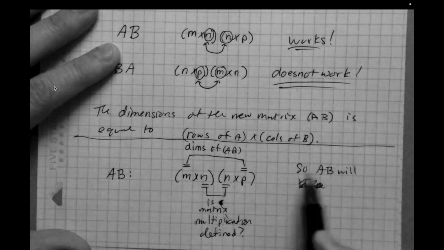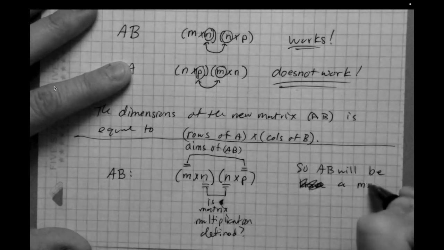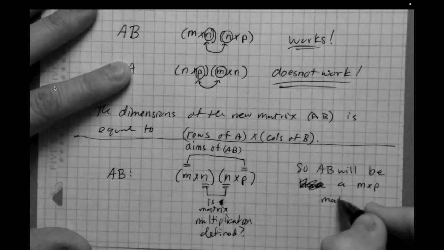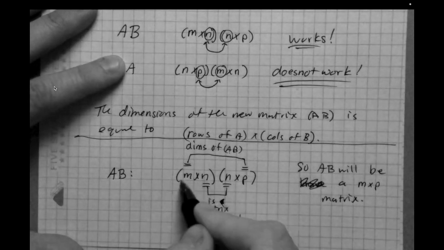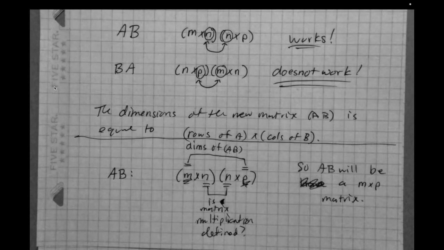Well, what I could say is, AB will be an m by p matrix. Okay, right, and so this is kind of the prereq for multiplying matrices.